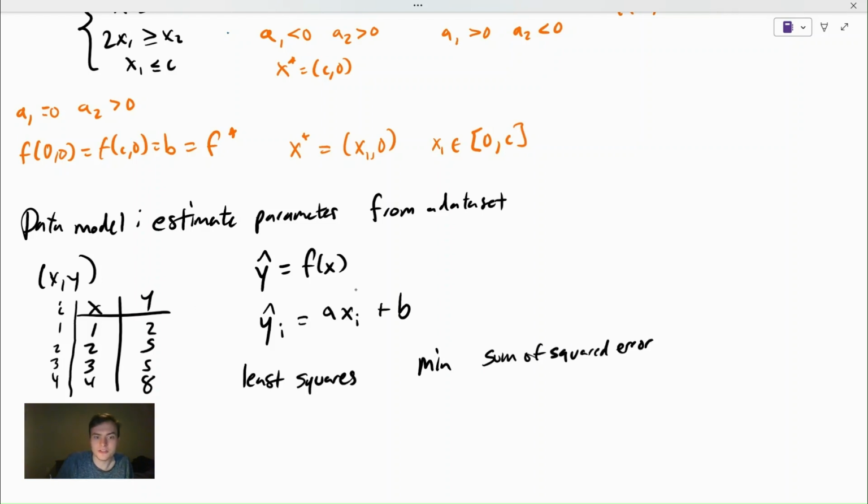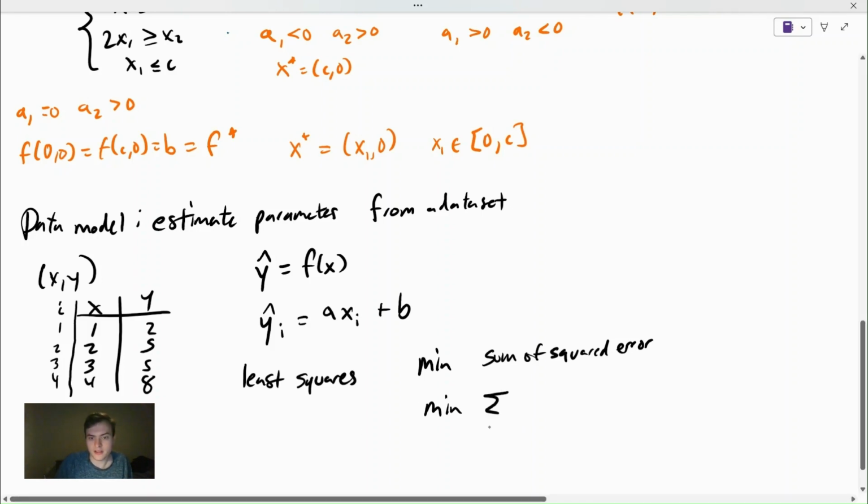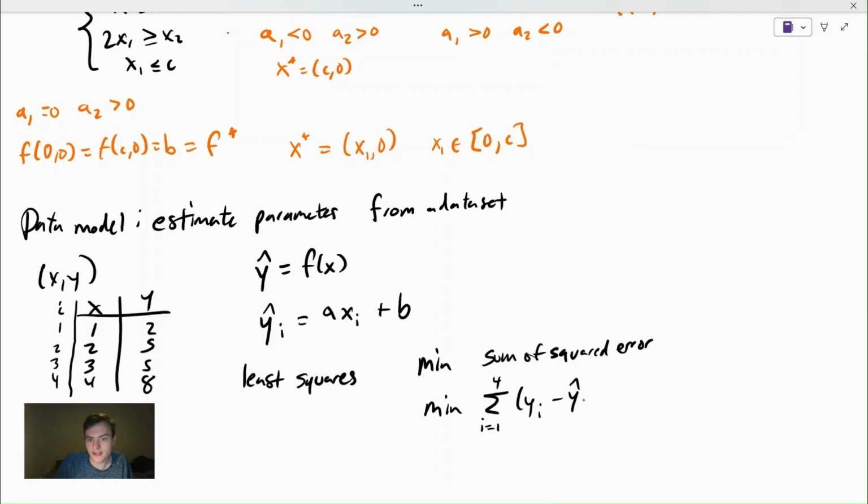So we want to choose the model that has the least squared error on this data set. And so we could write that as the minimum of the sum from points 1 to 4 of yi minus y hat i squared. So squared error is just the difference between the prediction and the actual value, and then squaring it.